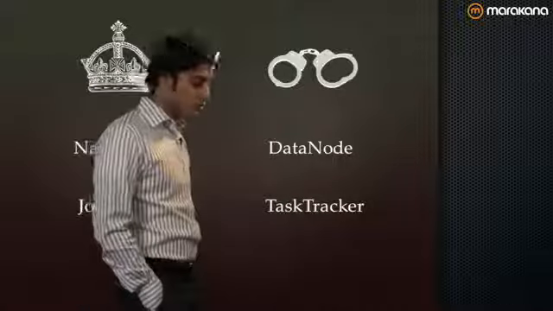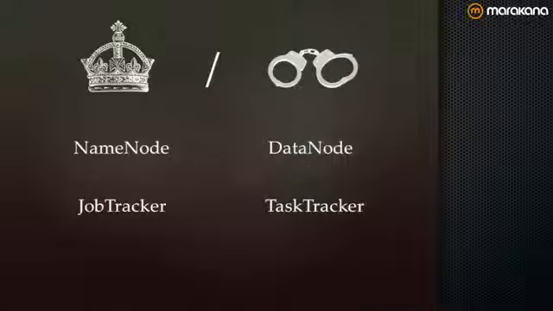We're going to be focused on the file system in this tutorial, so we're going to be looking more at the name node and the data node. The name node is the master of the file system. The data node is a slave component of the file system. There is only one name node running in a Hadoop cluster using Gen 1 Hadoop, or Hadoop 1.0, and there are going to be multiple data nodes running in the cluster.